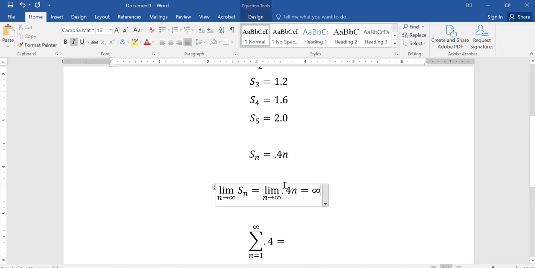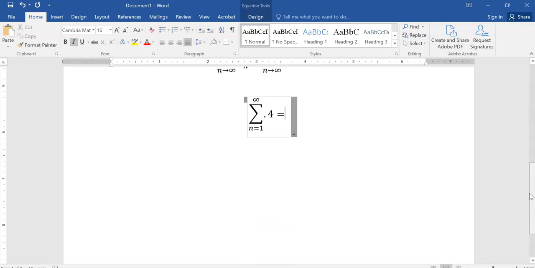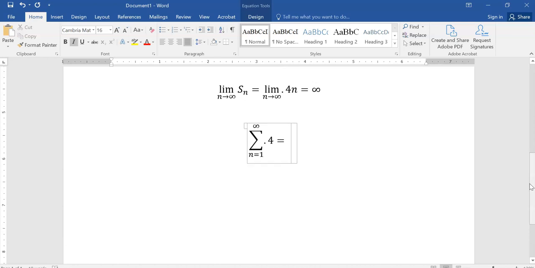As n gets bigger and bigger and bigger, the terms in the sequence just get bigger and bigger and bigger, and therefore it goes off to infinity. So what we say is that this summation, this infinite series, diverges, or some people would say equals infinity.